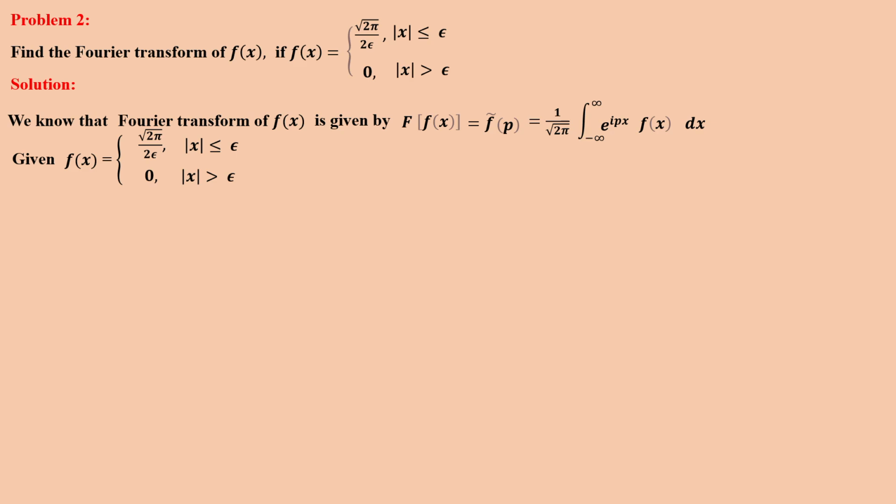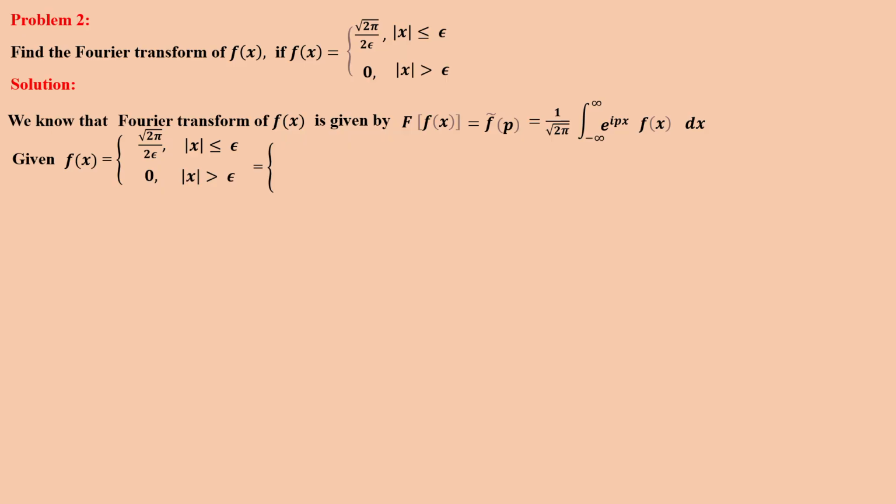Mod x less than or equal to epsilon means x lies between minus epsilon and plus epsilon. Mod x greater than epsilon means x is greater than epsilon and x is less than minus epsilon.